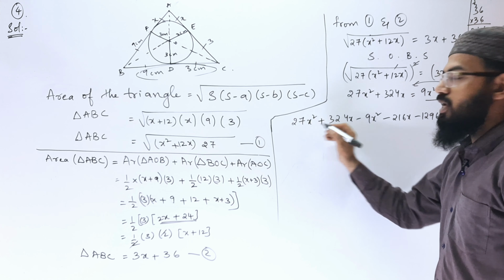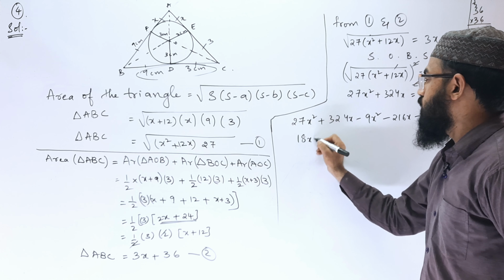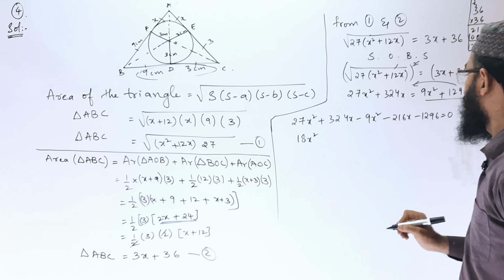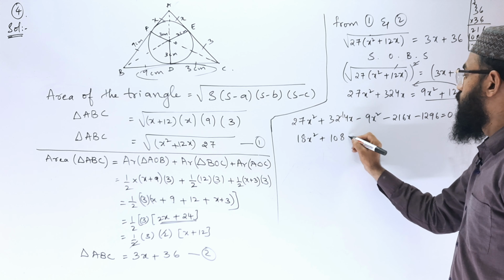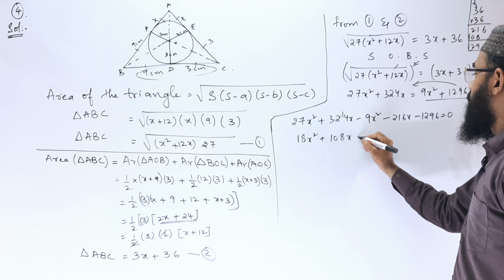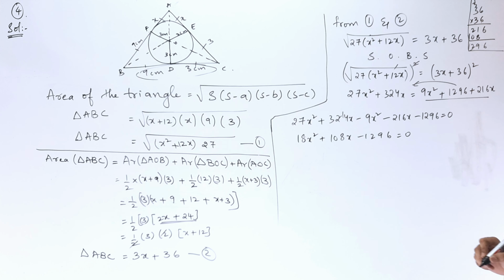If we subtract 9 from 27, we get 18x square. Then 324 minus 216 gives 108x. So 18x square plus 108x minus 1296 is equal to 0.